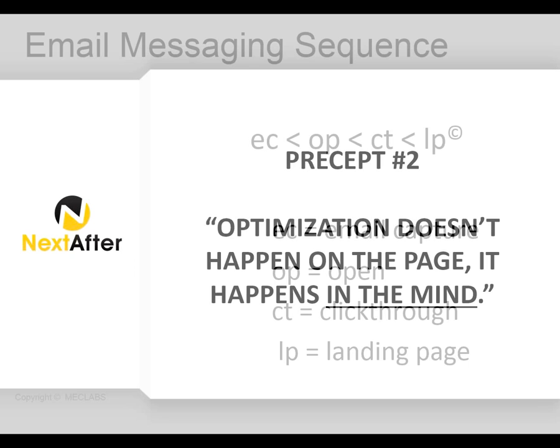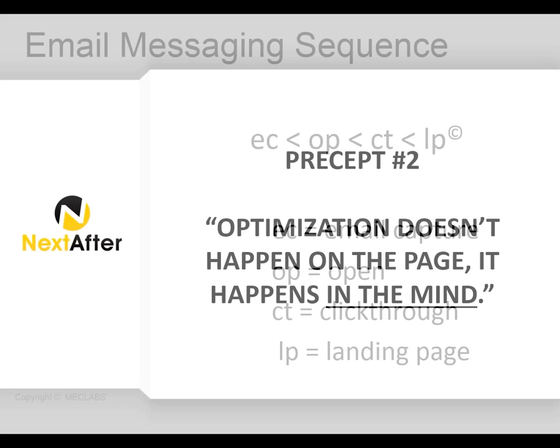And so I'm going to share one more concept here, and this is the email messaging sequence. What we need to understand is that when we send a message to somebody and we enter into this mental conversation, that conversation follows a specific sequence that starts at the point where we capture the person's email address, where we have them sign up or opt in to our message. At that point, it begins a journey that we enter into with this person, and it carries through to the very first message we send them.